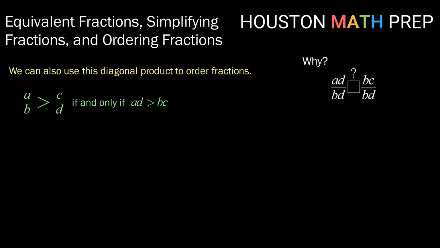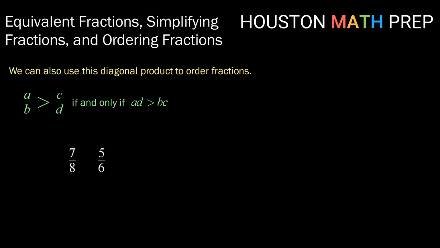Remember, if we make the denominators equal, then we make the pieces the same size. So certainly if we have more pieces in one fraction than in the other, then ad will be greater than bc, and therefore a over b will be greater than c over d.